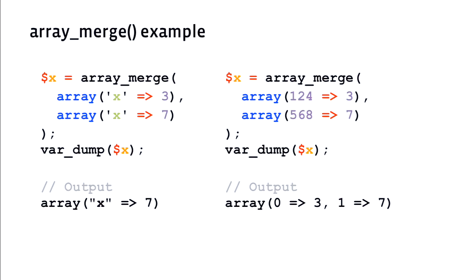But if you have integer keys, they get renumbered from 0 to n-1. That works great if the arrays you happened to pass in were vector-like, but what if those integers were meaningful? Maybe they were user IDs or something like that. Now you get a nasty surprise when the result has integers 0 through n-1 instead of meaningful IDs.